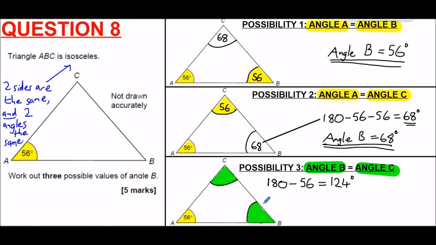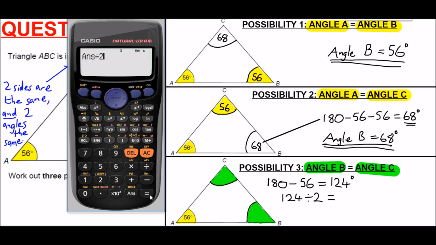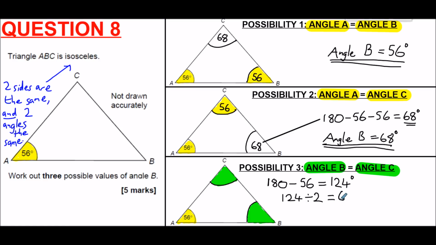So these two angles together are 124. But if these two were equal, then that 124 degrees would be shared equally between them both. So each one would be 124 divided by 2, which your calculator should tell you is 62 degrees. So the third option is angle B could be 62 degrees.